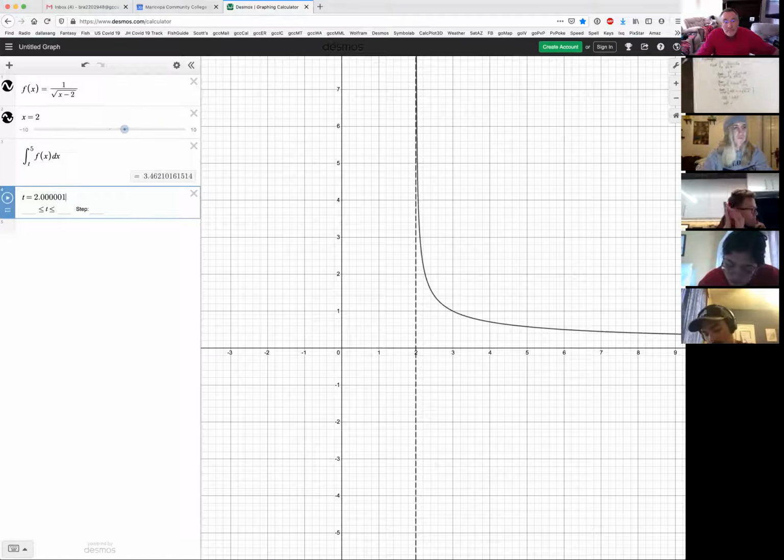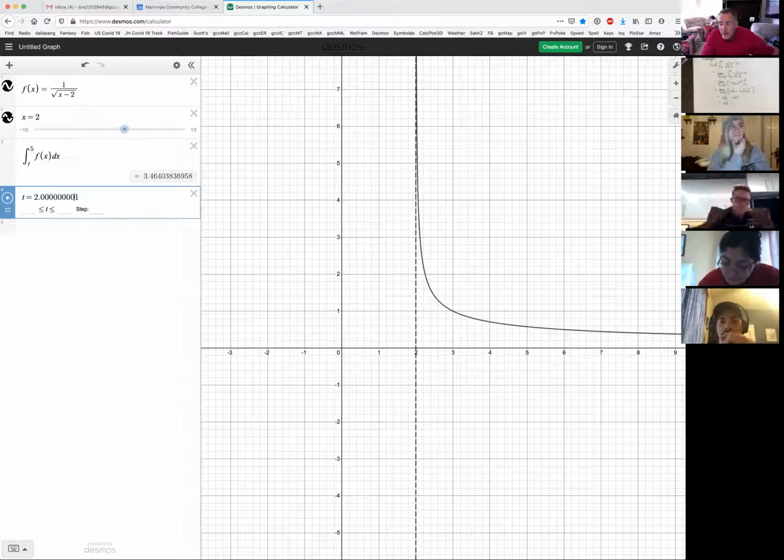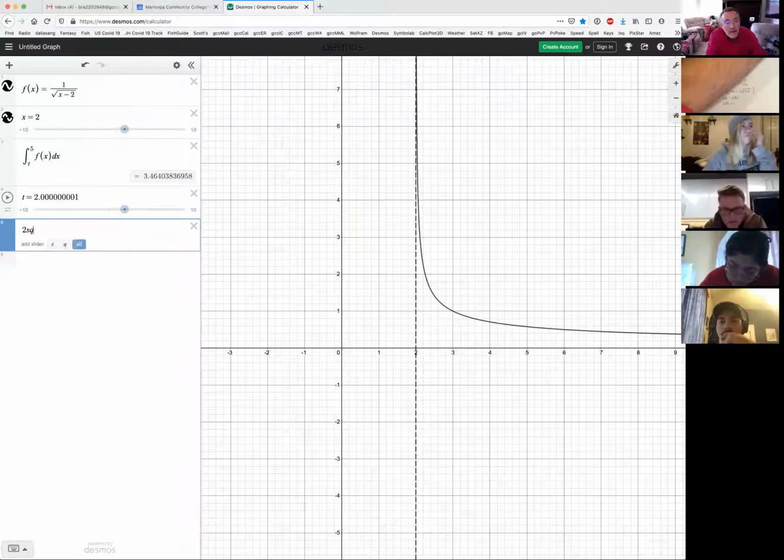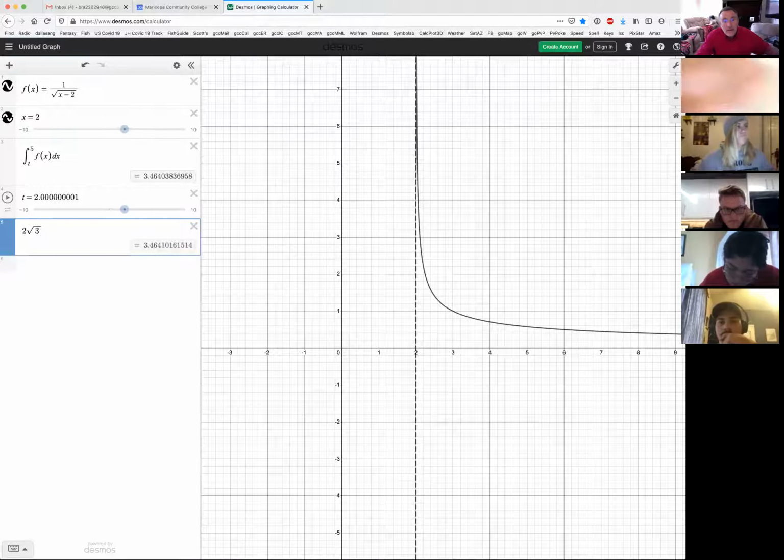And you say, well, it looks like that number to me. What if I put another 0 in? Uh-oh, it's getting bigger, but the first part of it's not changing. So I'm kind of thinking this is leveling out. And you'd say, where is it leveling out? I'm hoping it's leveling out at 2 square root 3. Yep, those look pretty close.